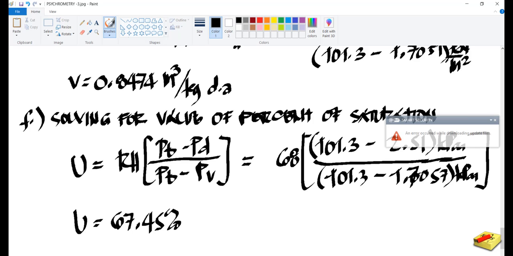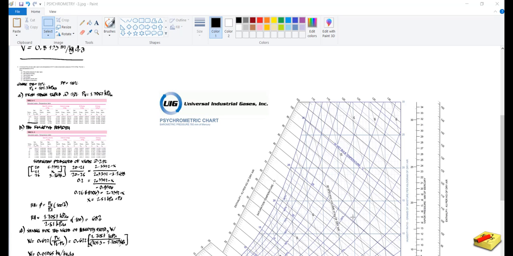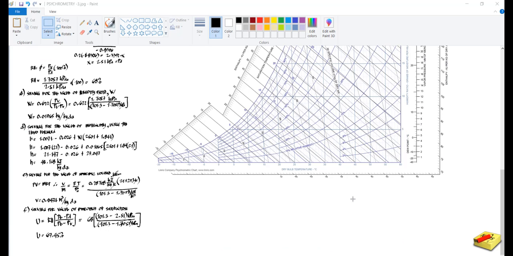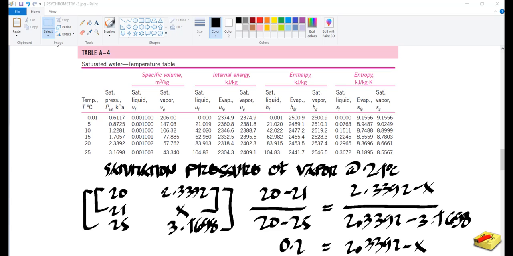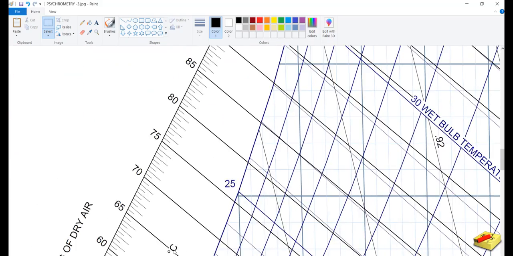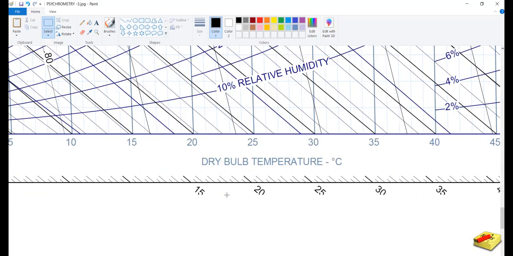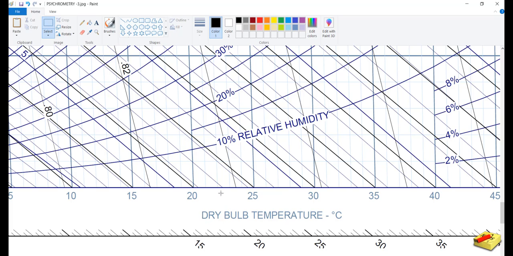So let's try to use the psychrometric chart. Okay, so what we're given there, we have a dry bulb temperature, which is 21 degrees Celsius. So 20, 21, so it is somewhere. So let's try to zoom on this one. So 21 degrees Celsius, so we have 21 here. So let's put it here.